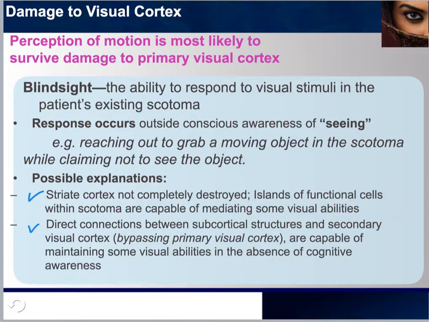As you may remember earlier, we looked at how the primary process would be going from the eye here. It would travel over to the LGN and then swing around to the primary visual cortex.